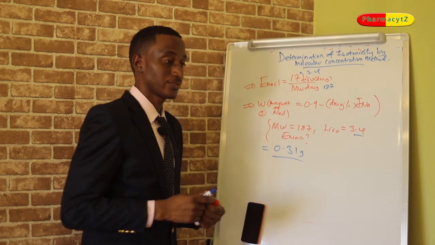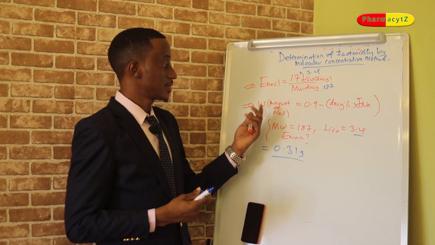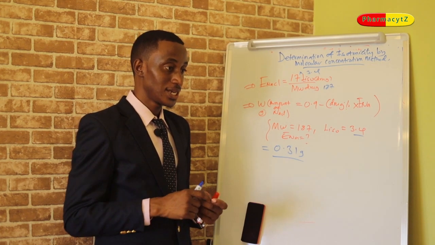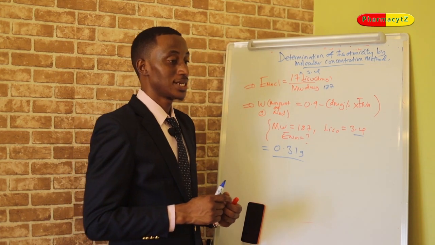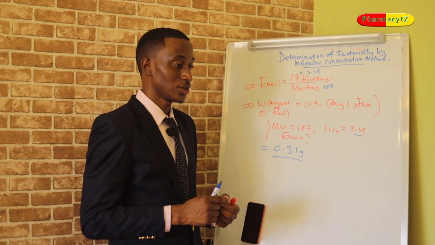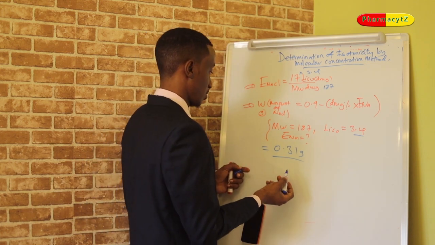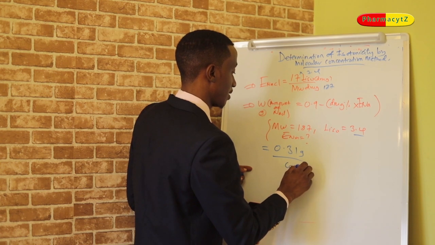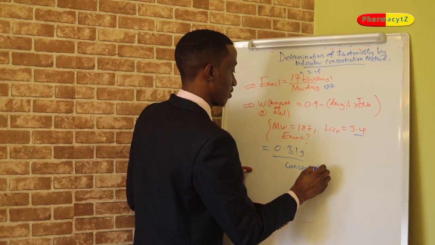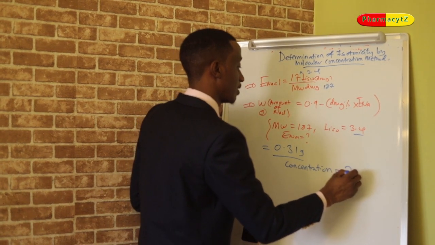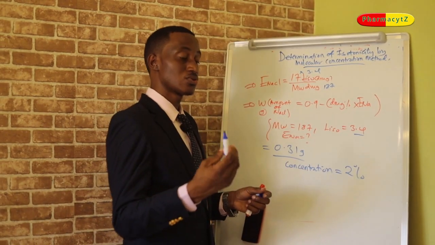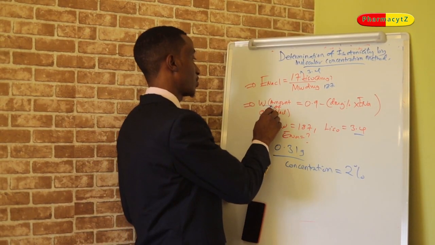That is simple. So in case you have part 2 of this question, how much sodium chloride is needed to make a 2% solution of this drug isotonic? Let's say the concentration of the drug is 2%. To determine the amount of sodium chloride, you may use this proportion.